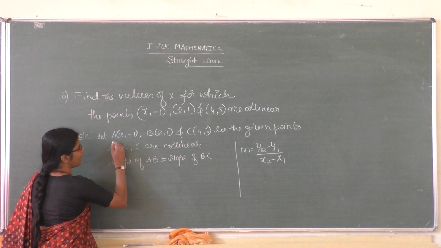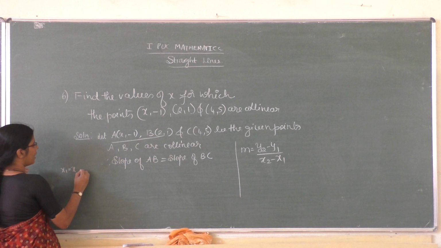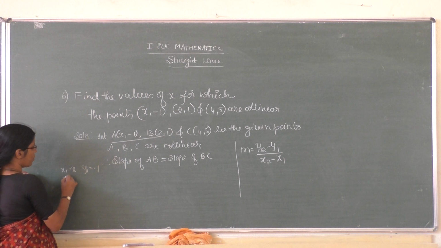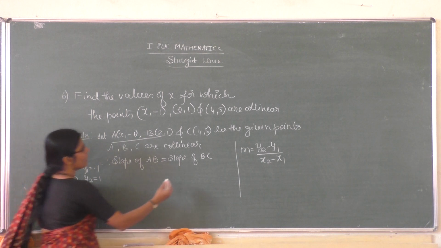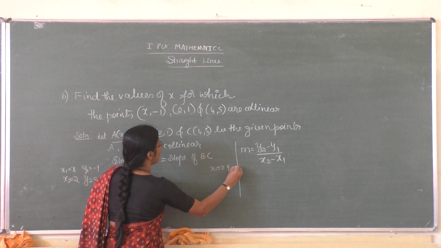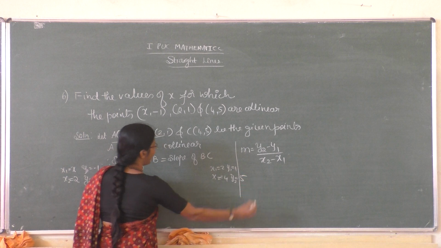So AB: taking A and B, x1 is x, y1 is minus 1, x2 is 2, y2 is 1. For BC: x1 is 2, y1 is 1, x2 is 4, y2 is 5.